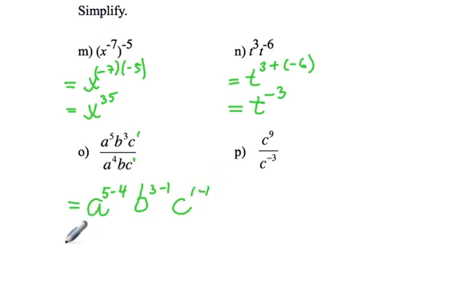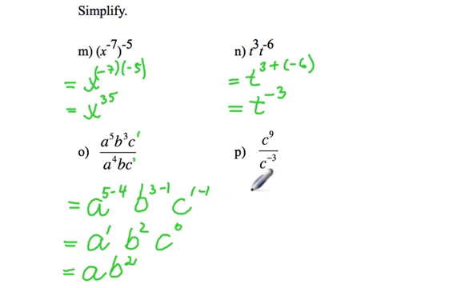That equals a to the power of 1, b to the power of 2, and c to the power of 0. Now, we know that a to the power of 1 is a, then we have b squared, and c to the power of 0 is 1. Any number to the power of 0 is 1.